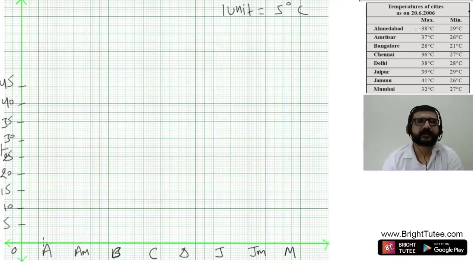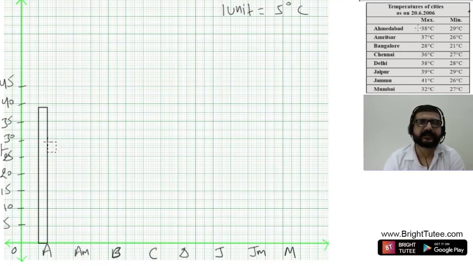Now let's start making bars for Ahmedabad. For Ahmedabad, the maximum temperature was 38 degrees Celsius. So its bar will be like this. And the minimum was 29 degrees Celsius.